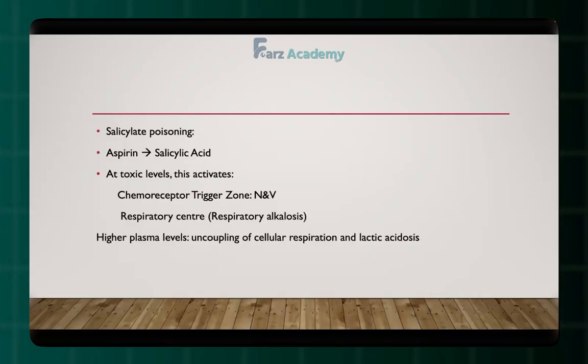At high plasma levels, the mechanism of toxicity changes. It leads to uncoupling of cellular respiration and thereby lactic acidosis. So it's interesting to note that it starts off as a respiratory alkalosis, but later on, because of the change of mechanism of toxicity, it actually leads to acidosis.